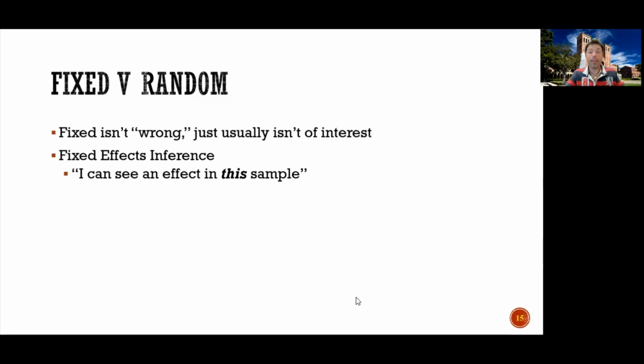Whether those 20 happen to be above or below the population mean, that's a random variable. And so you need to include that uncertainty in your yardstick, right, in the denominator of the t-test.